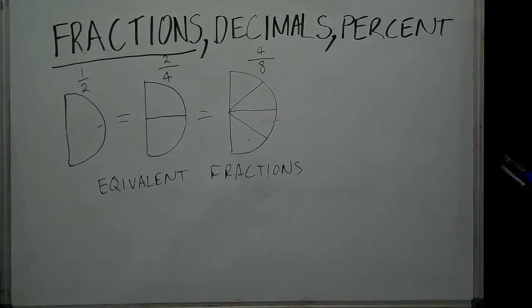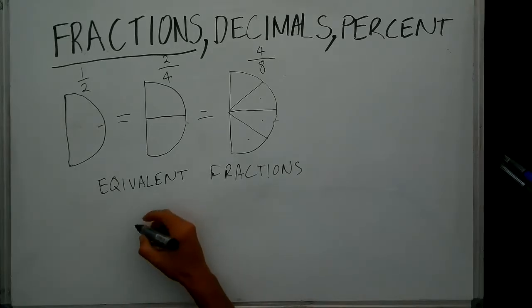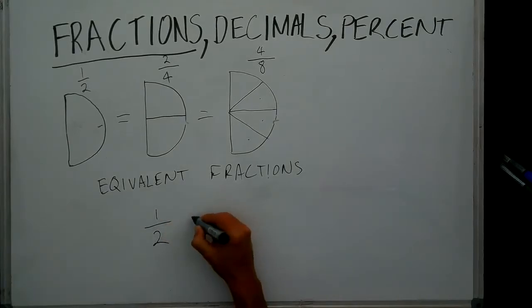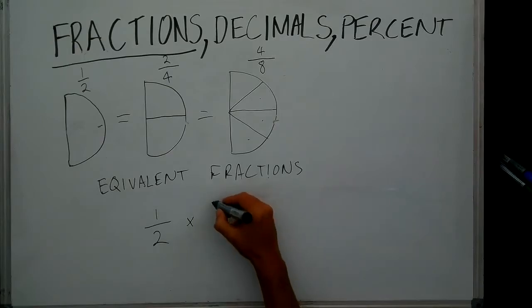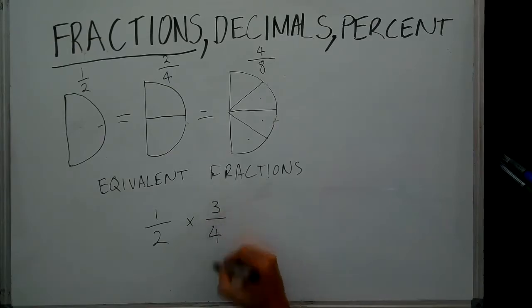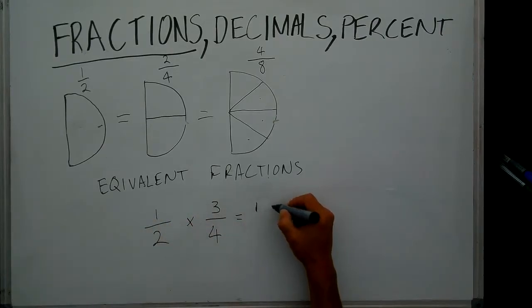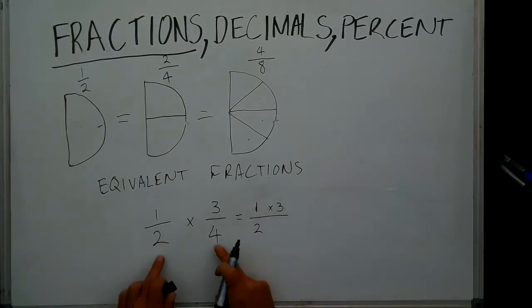So with equivalent fractions, it's probably worth talking about multiplying two fractions together. So, for example, if we have 1 on 2 and we multiply that by 3 on 4, just as a random example, this essentially equals, we multiply the top numbers, 1 times 3 over, and we multiply the bottom numbers.